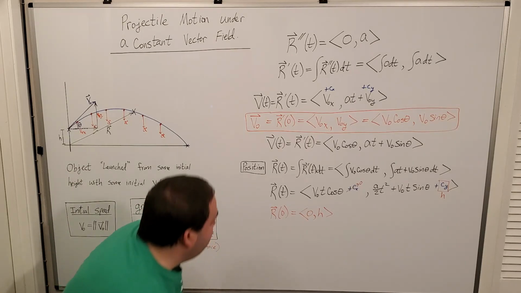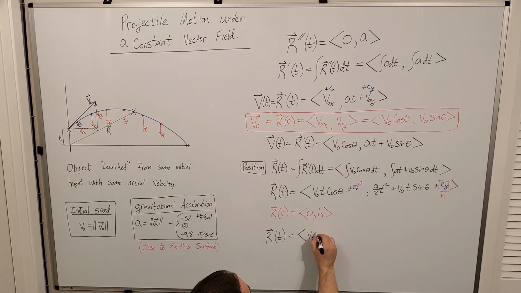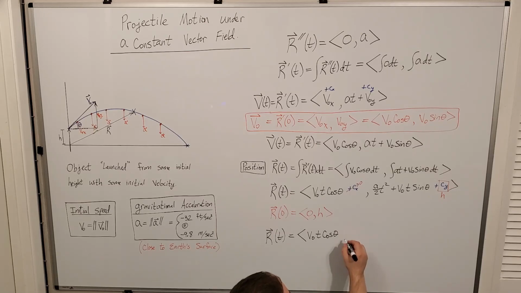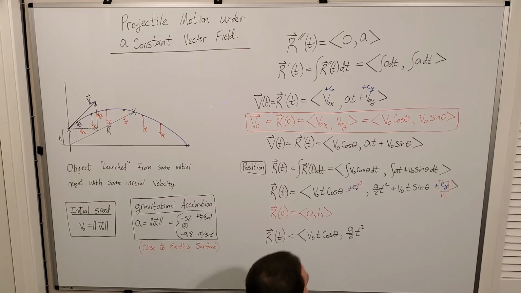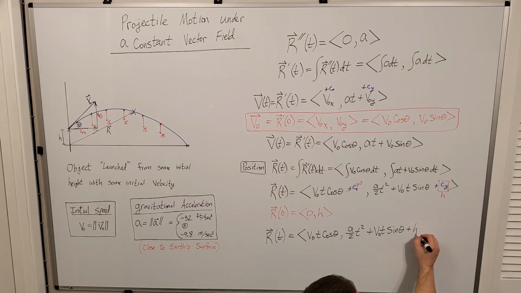Okay, so let's write down our result here. The actual position function, the vector position function, is equal to v naught t cosine theta, comma, 1/2 a t squared plus v naught t sine theta plus h.